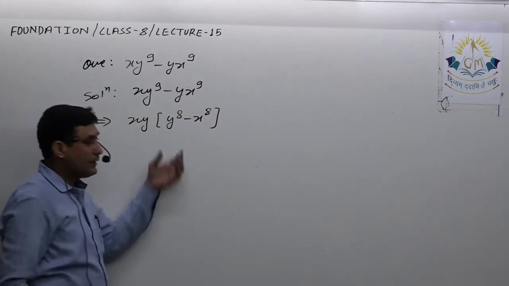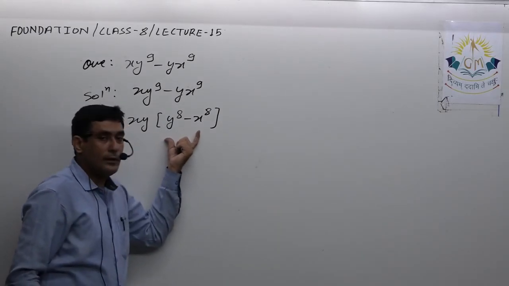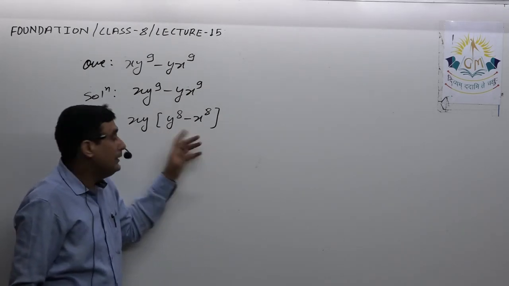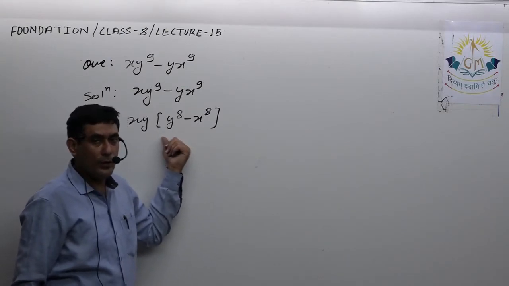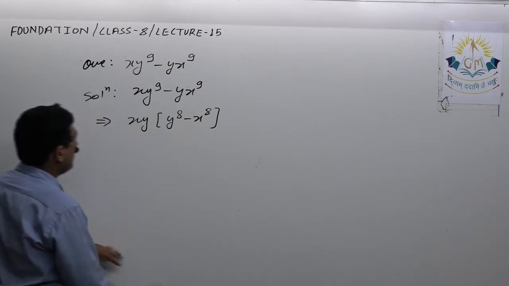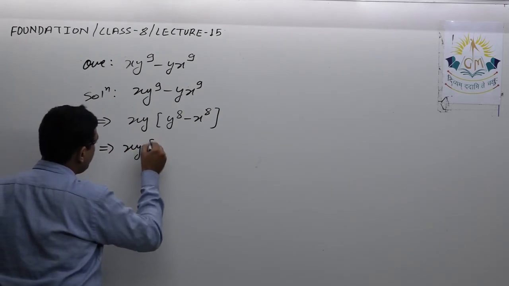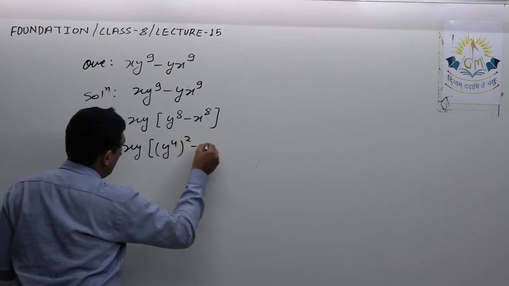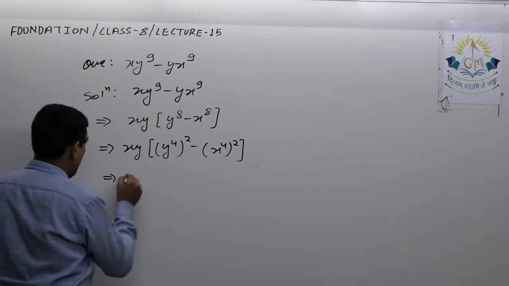If you remember, this is I think the third question in the same lecture, where we got this type of expression. First we got x raised to 8 minus y raised to 8, then we got x raised to 4 minus something like that, and over here again the same thing. So let us see how to proceed. This is y raised to 4 square minus x raised to 4 square.